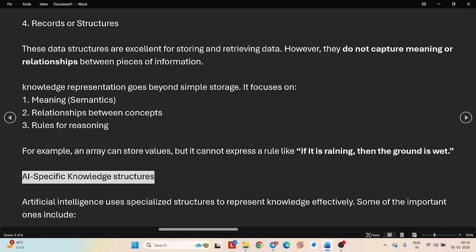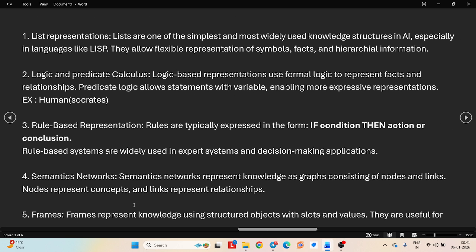Next, AI specific knowledge structures. Artificial intelligence uses specialized structures to represent knowledge efficiently. Some of the important ones are on this list. First, list representation.